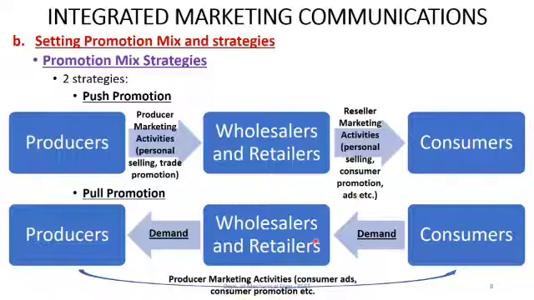Now coming to the next strategy, that's the next promotion mix strategy, is called a pull strategy. Here the producer, that is the manufacturer of the good, basically directs his marketing activity. The marketing activities include the use of communication tools like consumer advertisements, consumer promotion, etc. These producer marketing activities are targeted not at the intermediaries, but directly at the consumers.